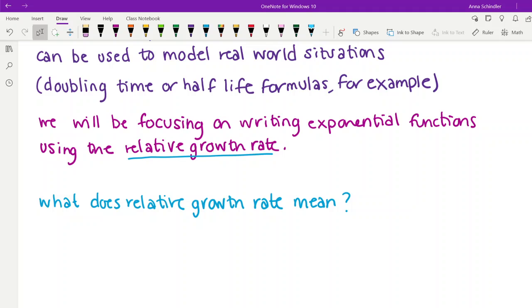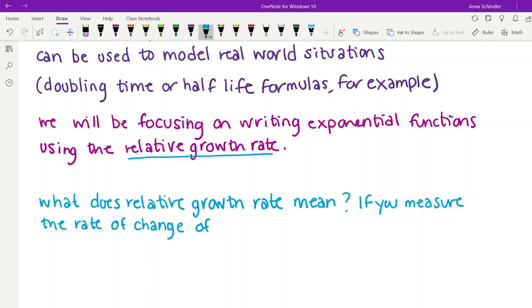So basically the relative growth rate means if you measure the rate of change of a quantity at a specific moment. So again, that's this instantaneous idea. So if you are somehow able to measure at this moment, how much is this thing changing?